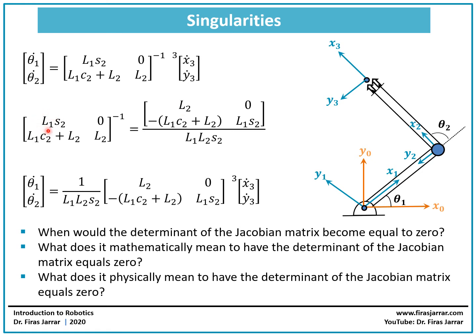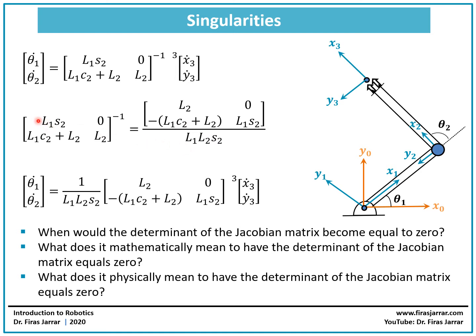So this is the original matrix here. You need to interchange the diagonal elements, so L2 becomes here, and L1 S1 becomes here, as you can see. And for the off-diagonal elements, you just multiply them by -1, and then divide everything by the determinant of the matrix.